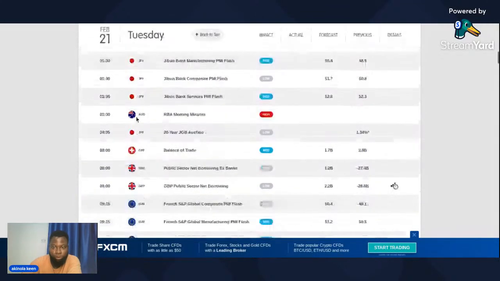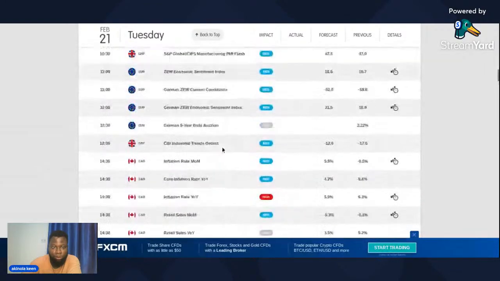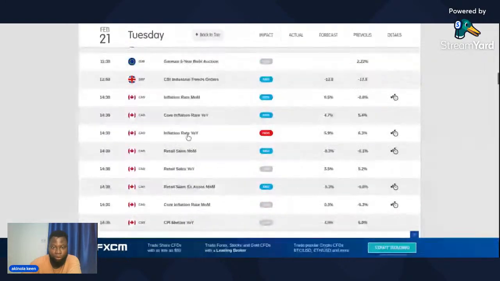This is going to affect the AUD, which is the RBA meeting minutes. There is no consensus on an actual price here. And this is going to be on Tuesday on the Canadian dollar. So the inflation rate is very high.